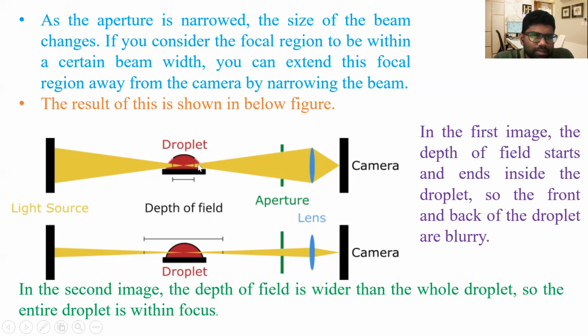Now in the second image, the depth of field is wider than the whole droplet, so the entire droplet is within focus. By increasing the depth of field, we are able to detect the edge properly, because we are not going to get blurriness in the second case.